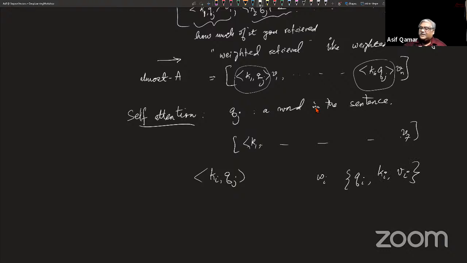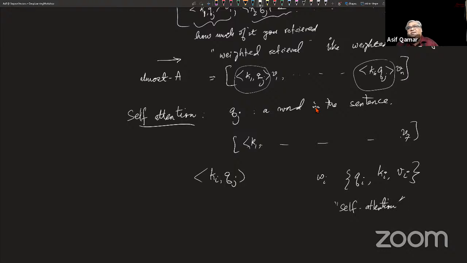The key and value vector are obvious, right? If you want to store a word, you'll want to have some key and some value, if you think in terms of information retrieval. But the Qi, the fact that every word has a unique probe associated with it, probes other words in the sentence. That's where I believe the word self-attention comes in.